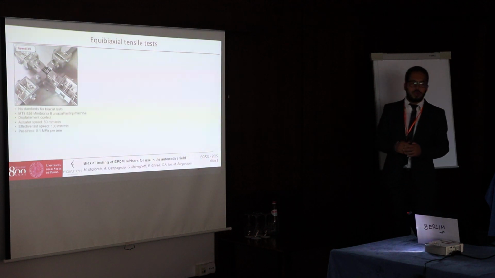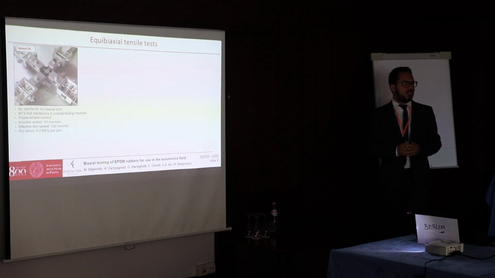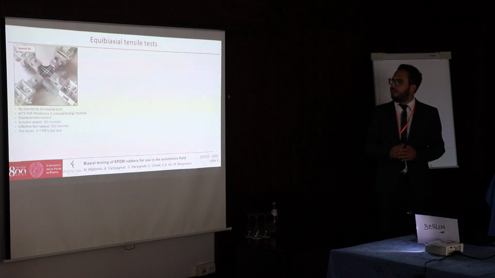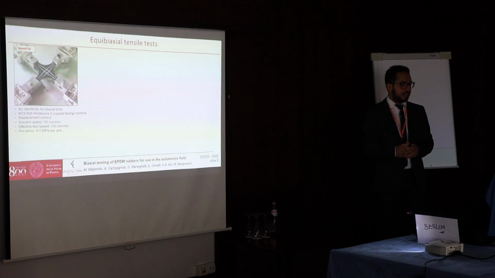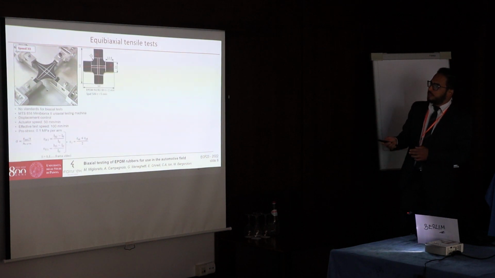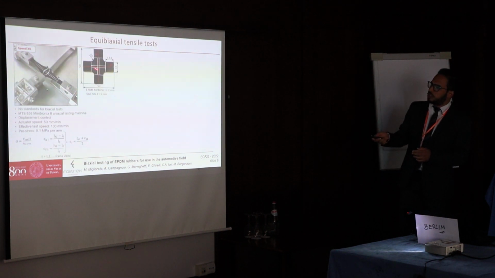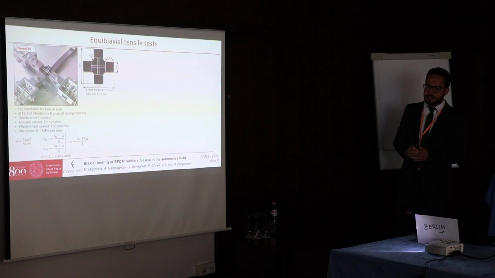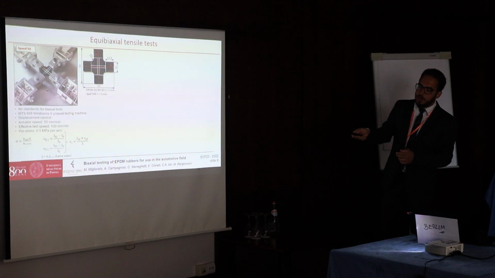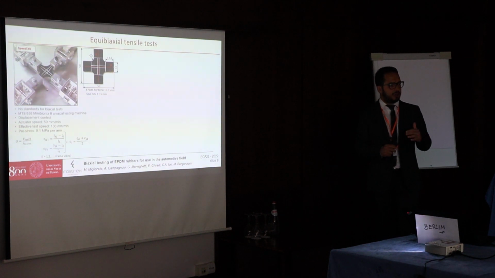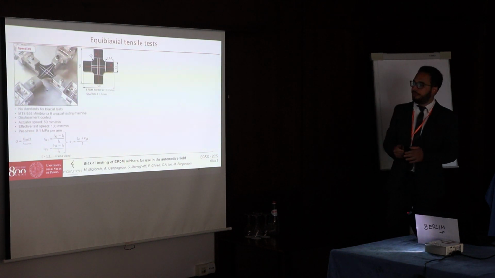So, under this condition, we have performed equibiaxial tensile tests on different cruciform specimens made of EPDM rubbers. The stresses acting on the sample have been calculated starting from the load acting on each specimen arm, which was equal to a quarter of the total recorded load.